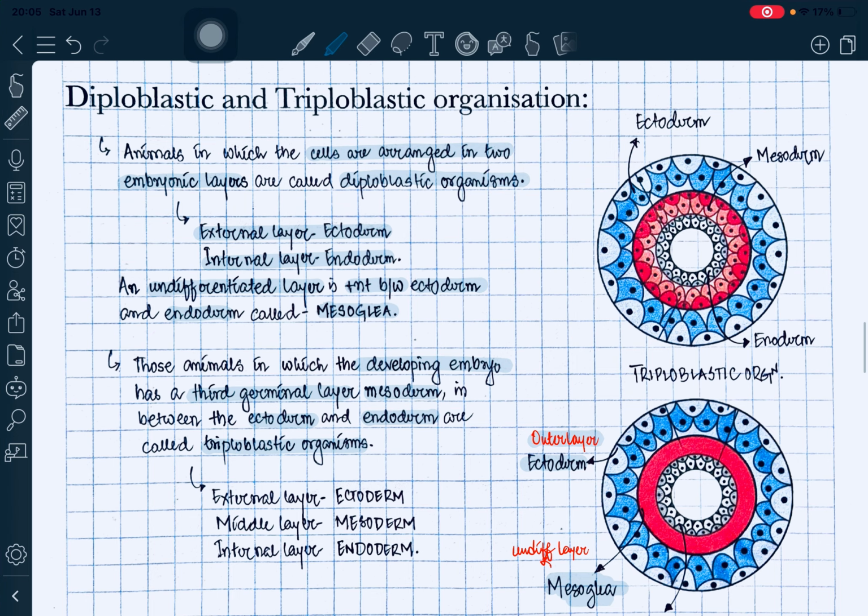We will have an ectoderm, which is the outer layer, an endoderm, which is the inner layer, and mesoderm, which is the middle layer present between ectoderm and endoderm. As simple as that.